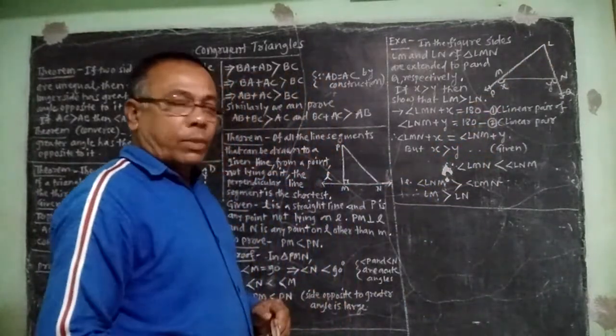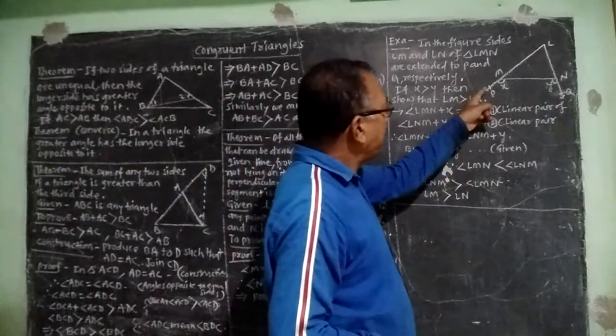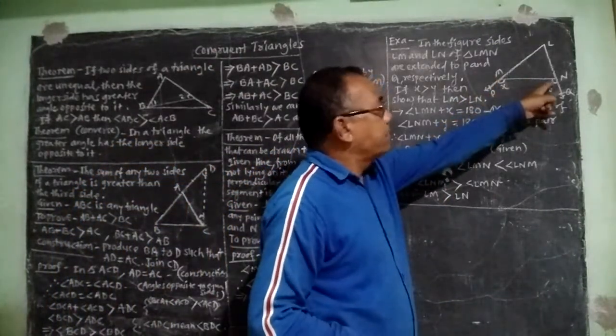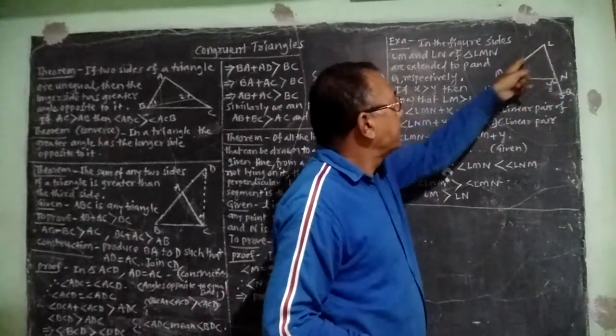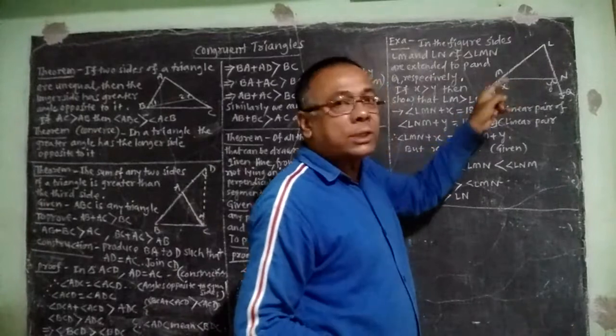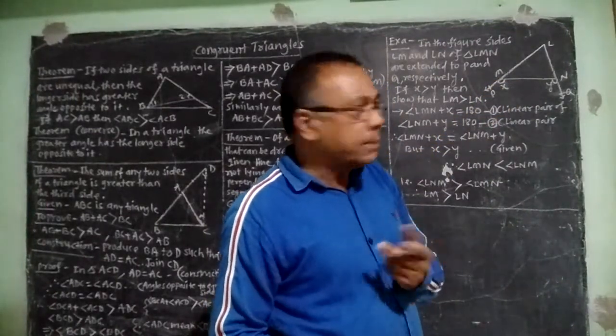Here we know that angle PML and angle LMN, these two angles are a linear pair of angles.